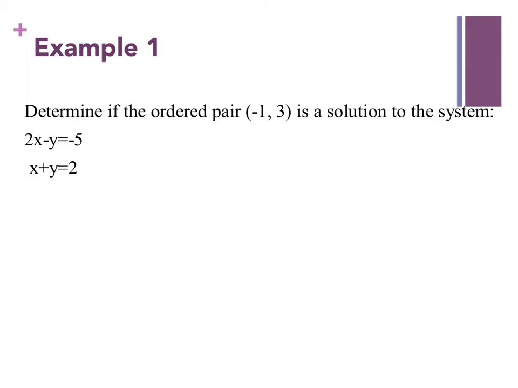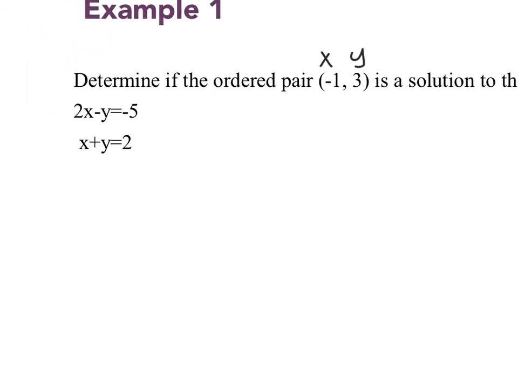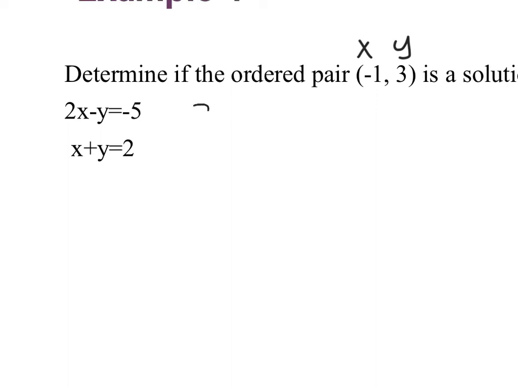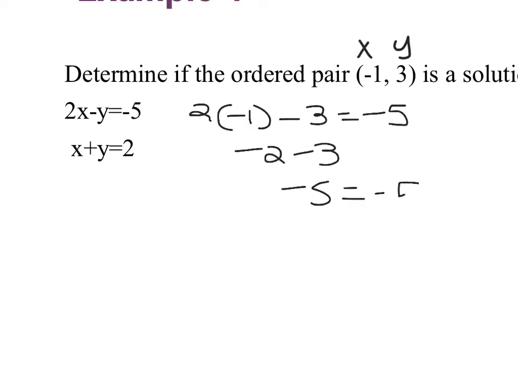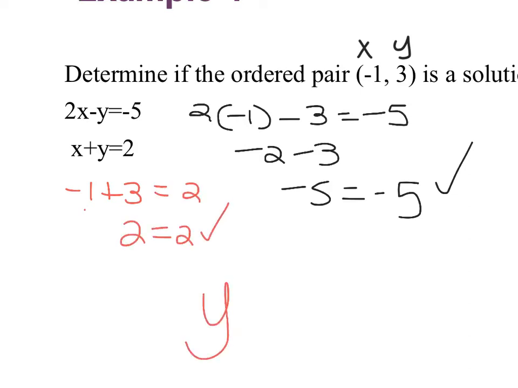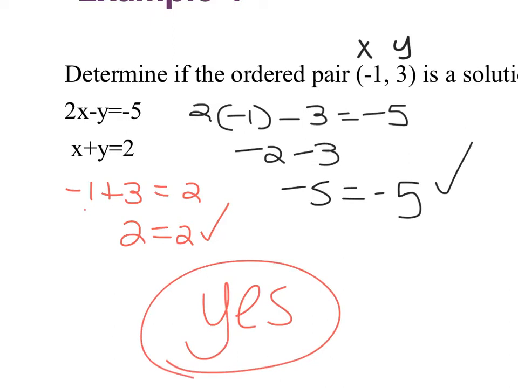So the first one, x and then y, take it and plug it in. 2 times -1 minus 3 equals -5. -2 minus 3 is -5, which equals -5. So it works for the first one. And then plug it into the second one. -1 plus 3 equals 2. And 2 equals 2, so it works for the second one. So this is a simple yes or no, and in this case it's yes because it works for both.